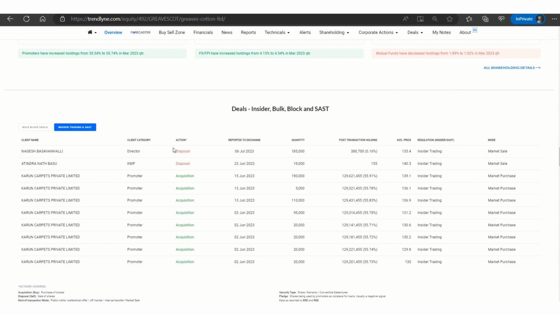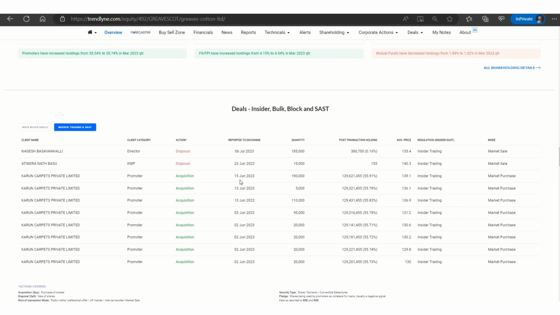So here is something interesting. You see that the director and KMP, your key managerial person, have disposed of the shares on 23rd June and 6th of July at a price of 140 and 135, while the promoter has actually acquired shares on 15 June. Now you might be confused.